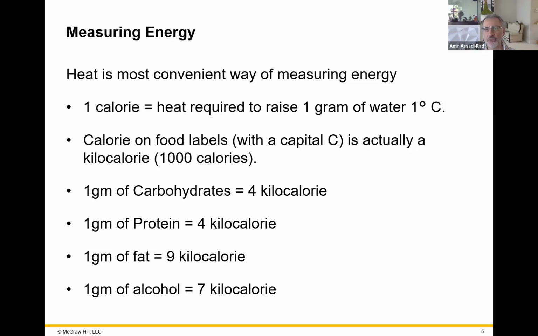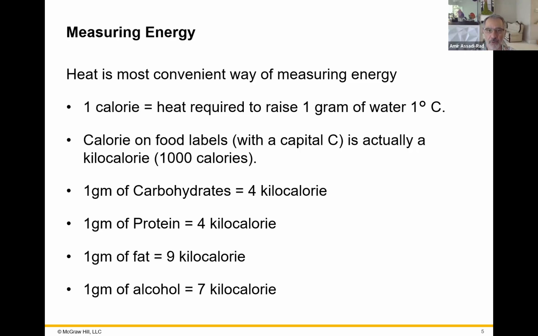So they're talking about 2,000 of these 1,000 calories. 2,000 times 1,000 is like 2 million small calories you're supposed to use a day. I hope you know what I'm talking about. If you don't, please bring it up in the lecture. We'll talk about that.